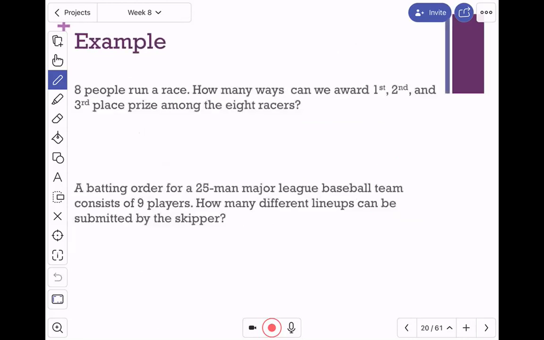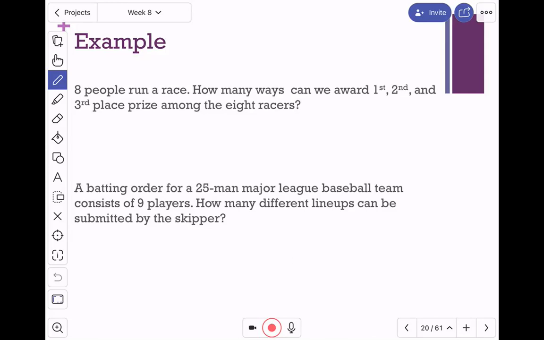So here was an example. 8 people run a race. How many ways can we award first, second, and third place prizes among the 8 racers? Let's say we have Ashley, Betty, Cameron, Dave, Eric, Frank, Grace, and Henry running a race.